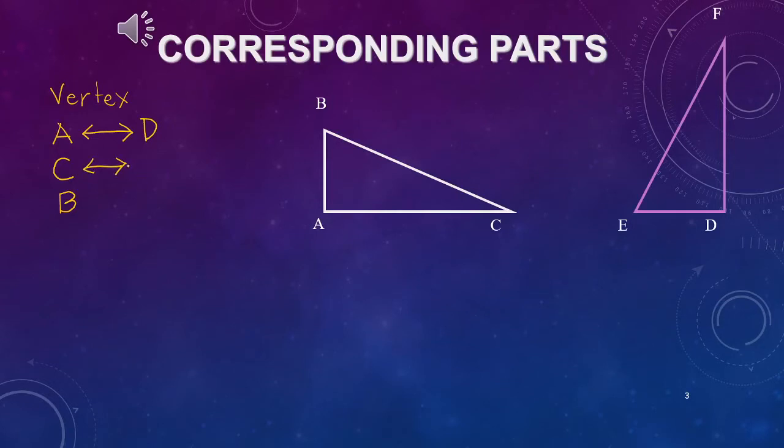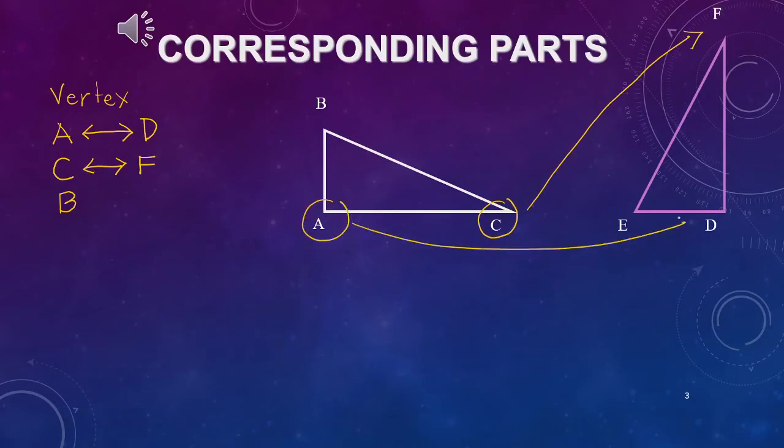Is it E or is it F? F, sir. It's the letter F. So take note, C corresponds to F. A corresponds to D. And B corresponds to E.